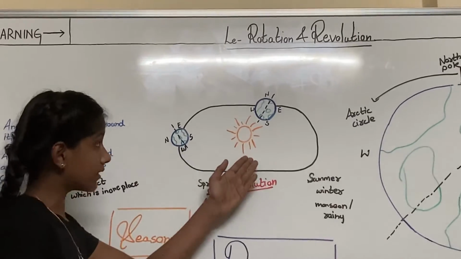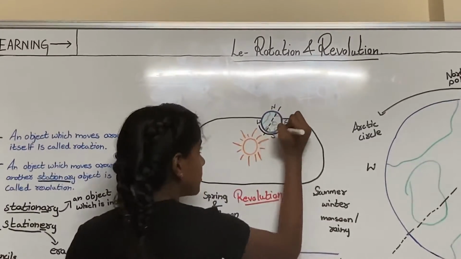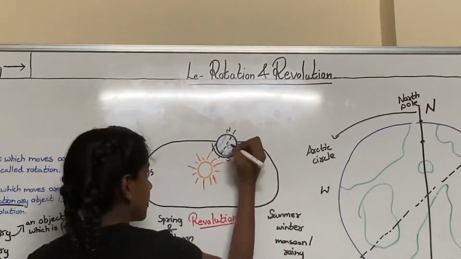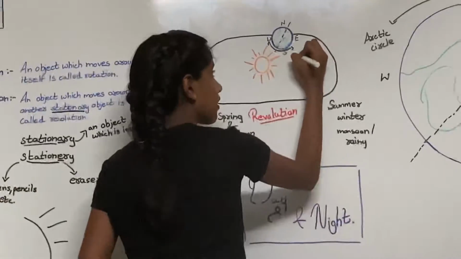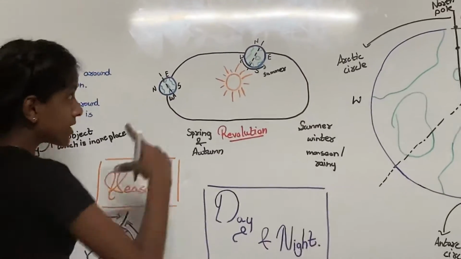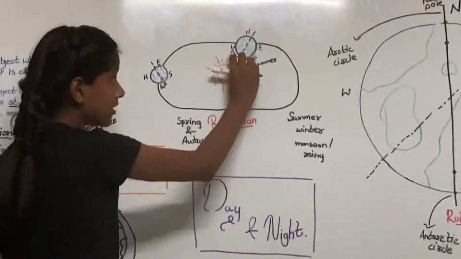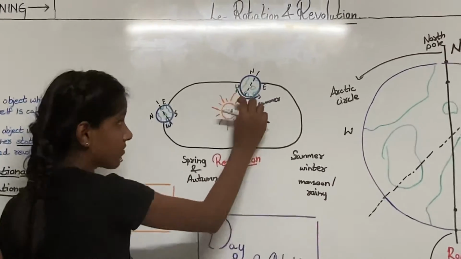So the part which is receiving the daylight, which means the southwestern part is receiving the sun's light. So here, we draw like this. So here it will be summer because it is extremely close to the sun and they are receiving extreme rays from the sun.